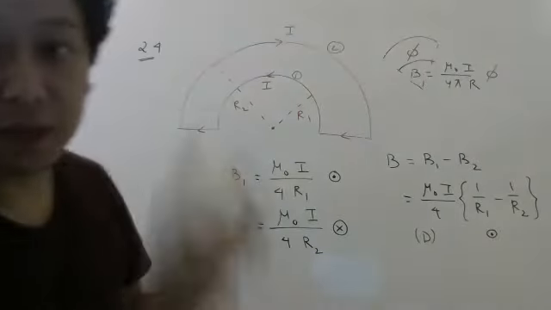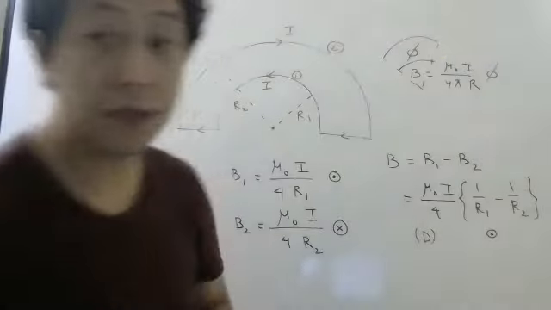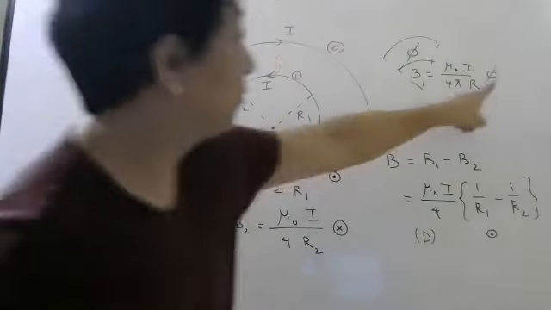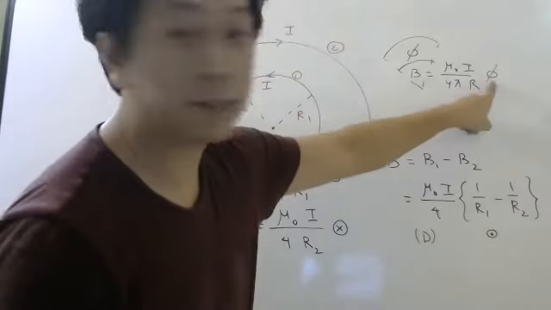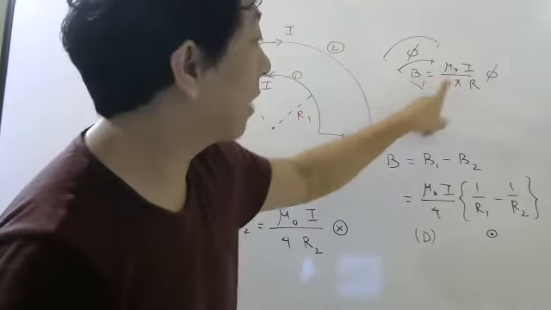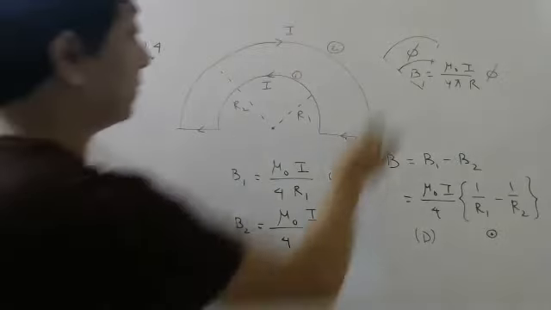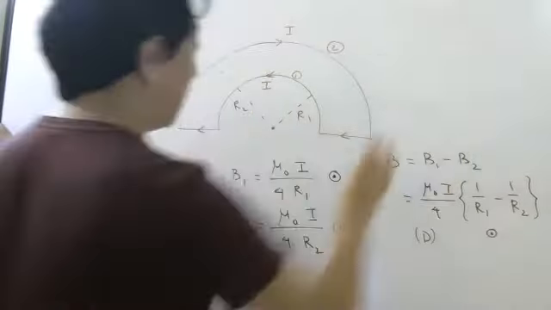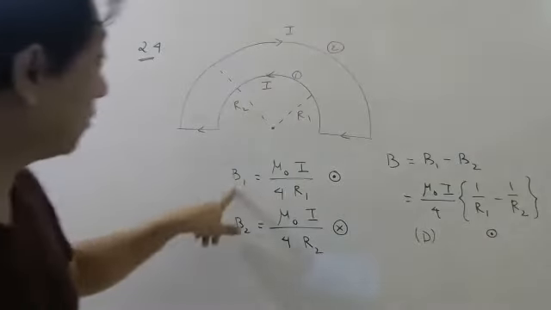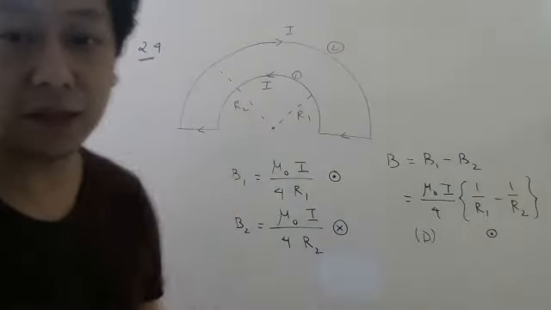Now, if it is semicircle, the angle subtended will be pi, 180 degree. So if you put pi here, this pi and this pi will cancel. You will get mu naught I by 4r. So you can apply the formula for arc also. But if you can remember the formula of magnetic field due to semicircle, it can be done faster.